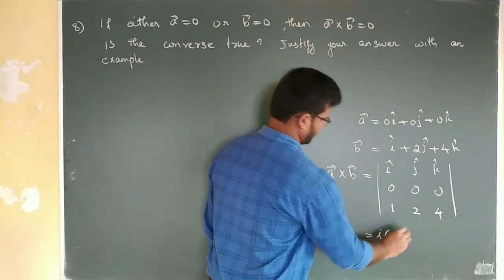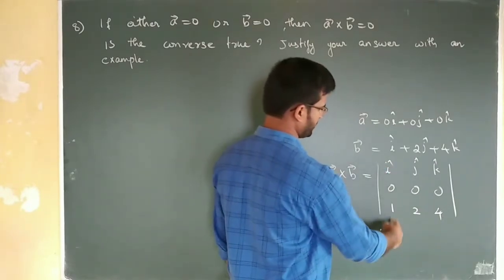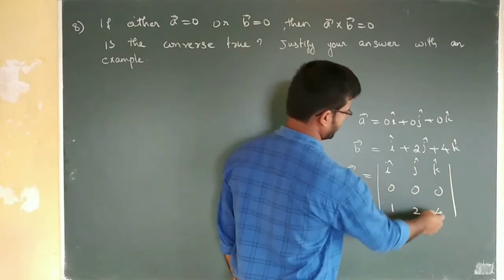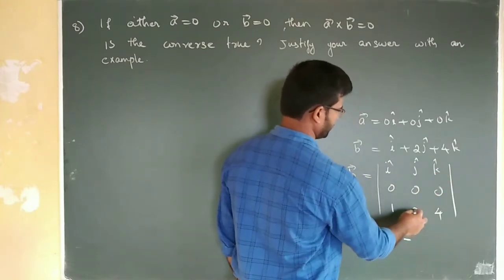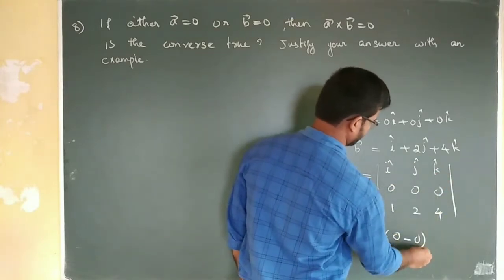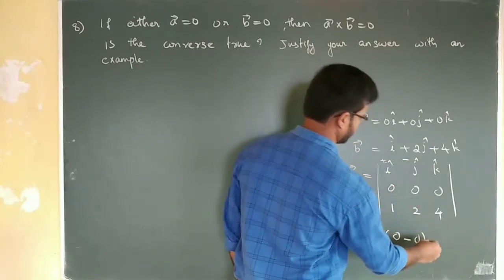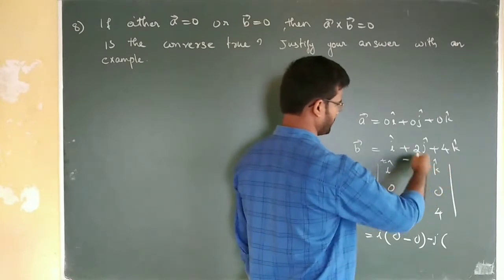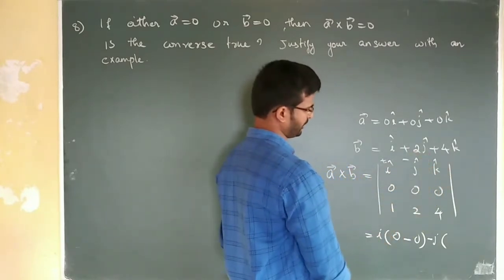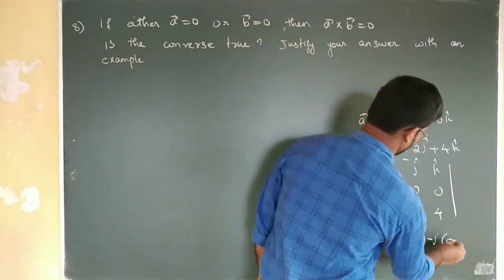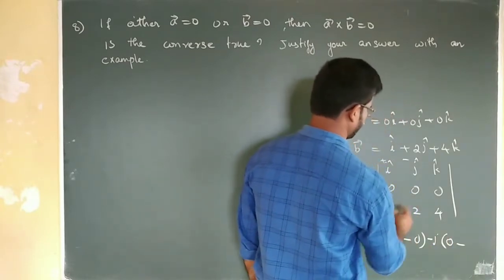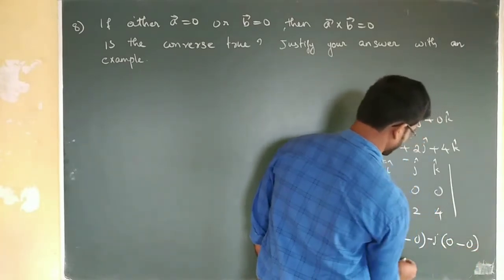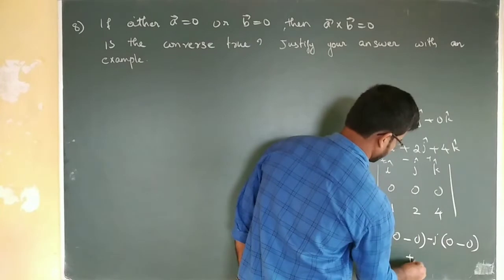Then i into, leave the first column first row, 0 into 4, 0, minus 2 into 0, 0. Then plus, next minus j into, leave the first row, second column. Then cross multiply 0 into 4, 0, then minus 1 into 0 is 0. That's plus k vector.